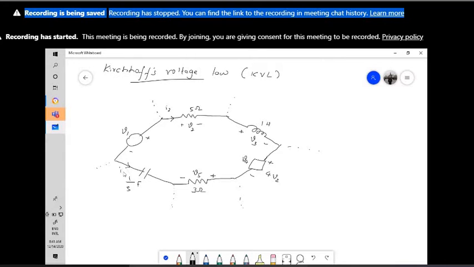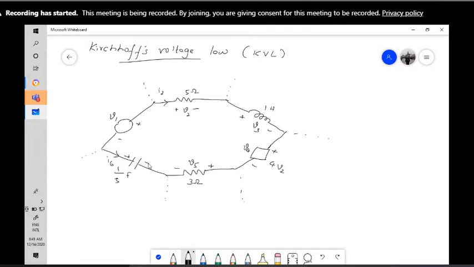And let I6 be the current that is flowing through this capacitance. So considering the direction of current, the polarity is taken as plus minus V6. Fine. And let this be the current I5, and let this be the current I3.